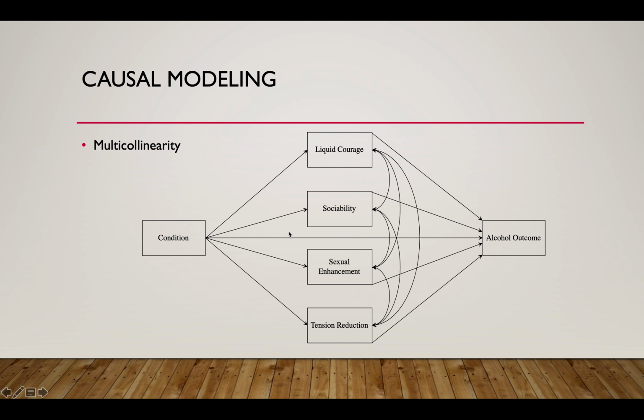I'm going to point out a serious problem here. If I were to run a separate analysis for each one of these, that is one analysis for liquid courage to each of the alcohol outcomes. That's 8 different analyses. I did that. If I were to do that 4 times, that is 32 different analyses. If you were to do a pairwise correction, because you're doing 32 different analyses, all of a sudden your p-value becomes extremely, extremely small.